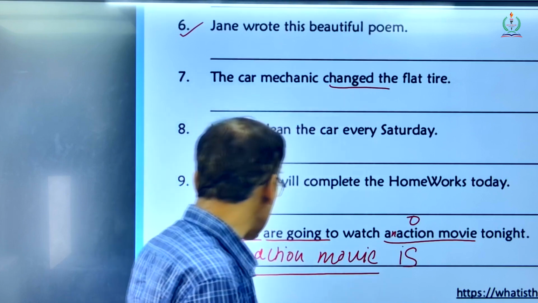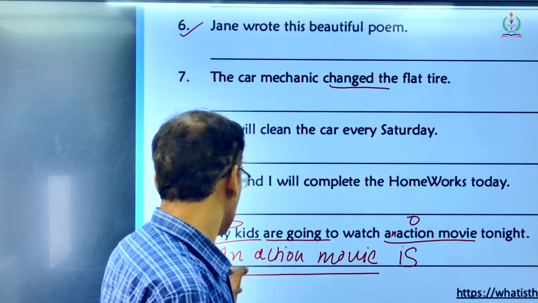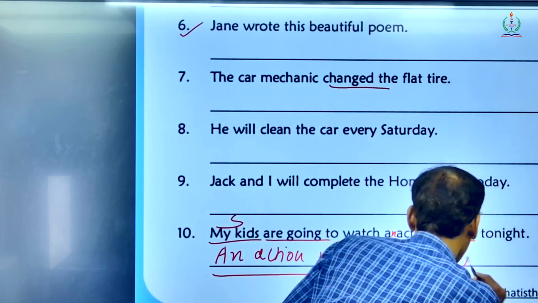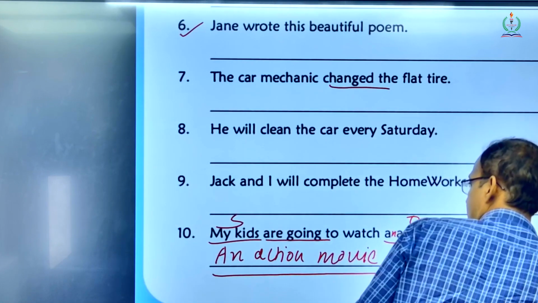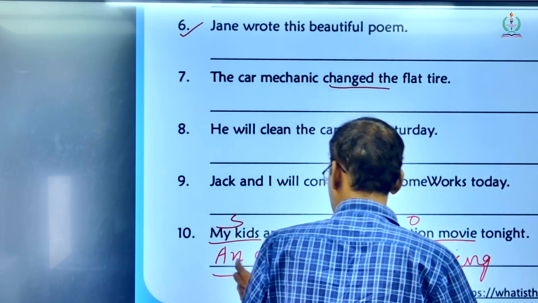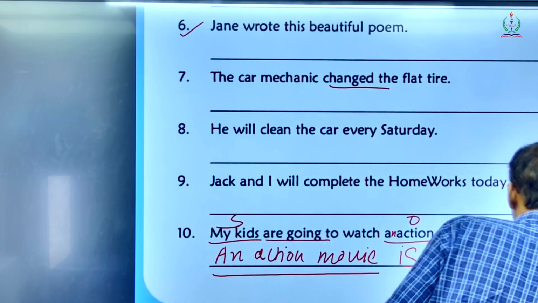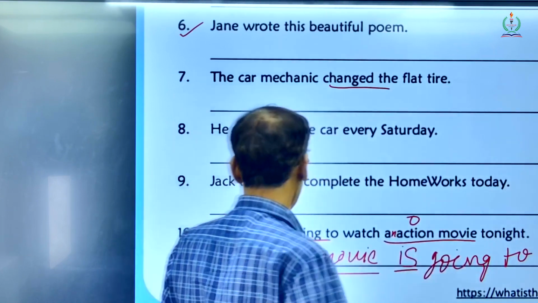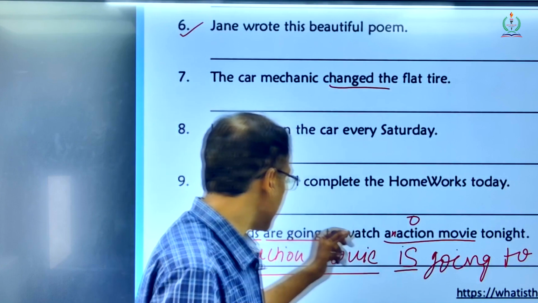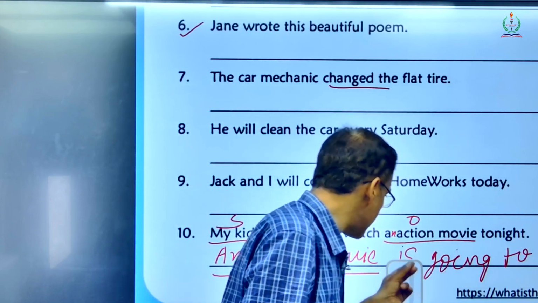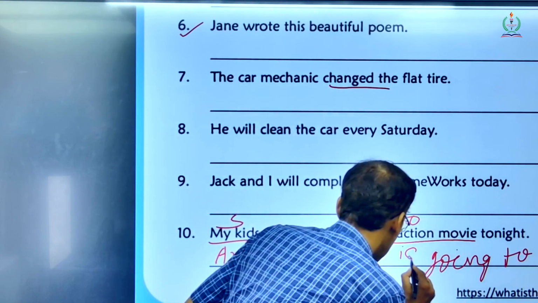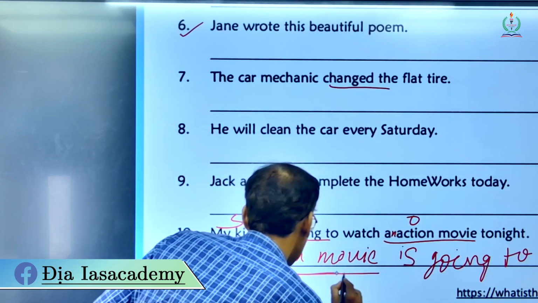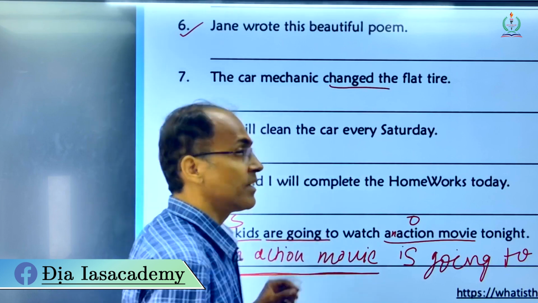But here in the answer, we have written an action movie is going to be watched. Is is the helping verb in this sentence, and is is written just because the subject in this sentence, which is an action movie, is in singular form.